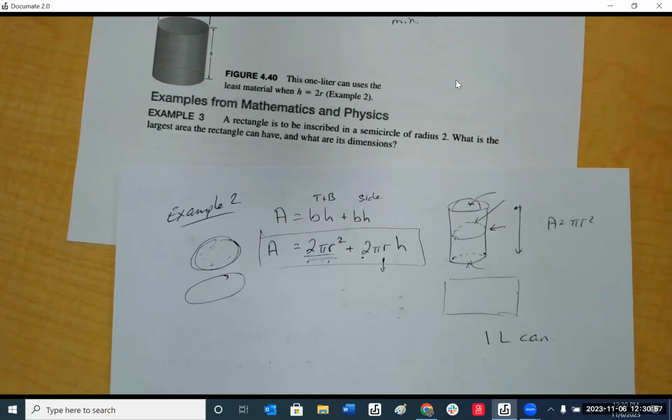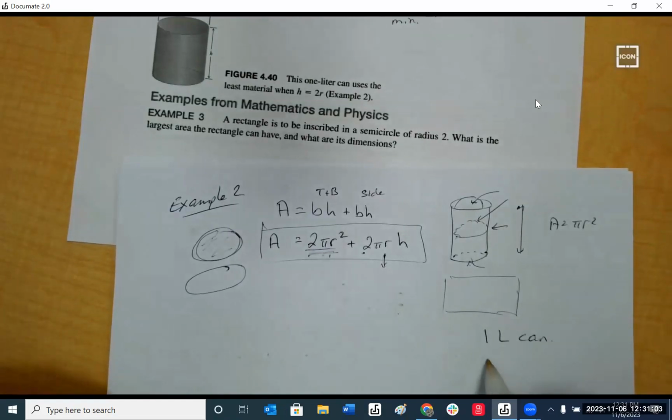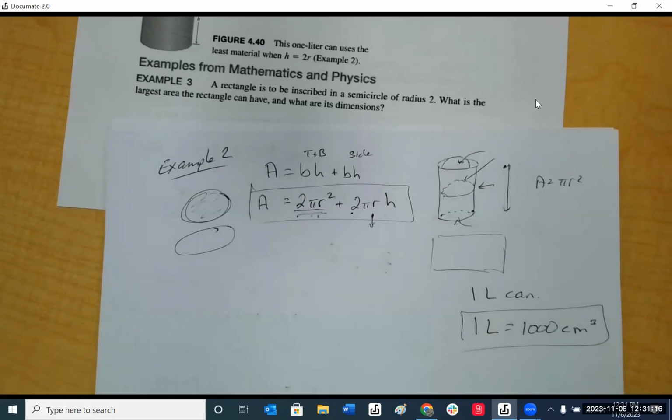Let me see. That's what I found. 1 liter equals 1,000 cubic centimeters. There's the conversion.